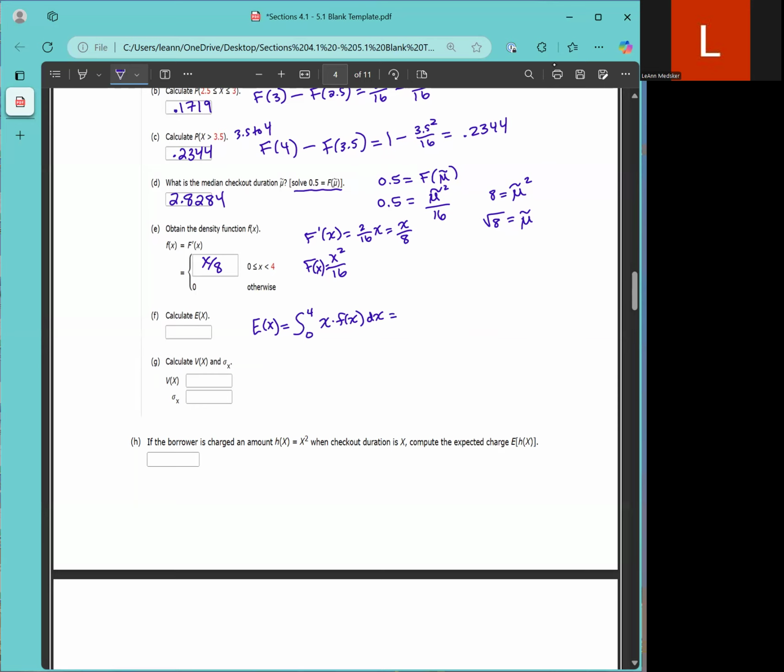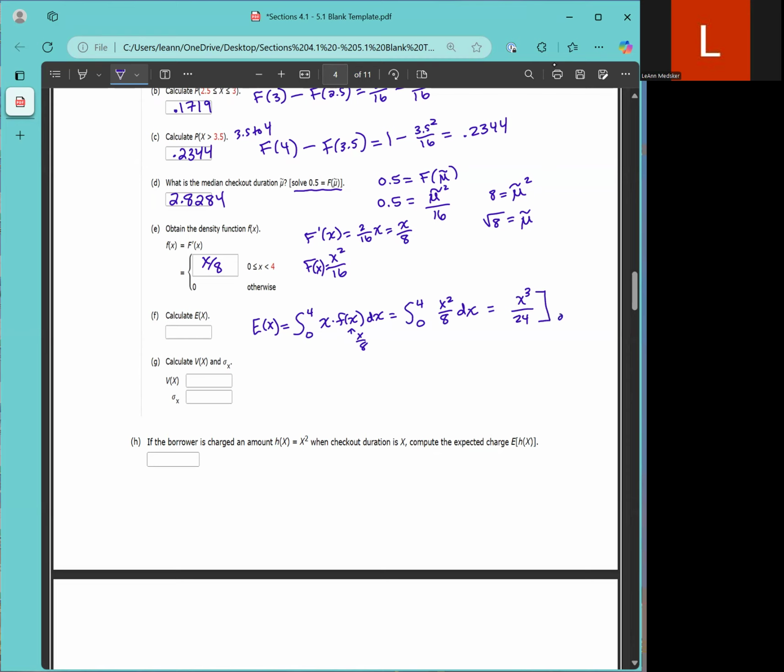So since my little f of x is x over 8, I would be doing the integral of x times x over 8, so this would be x squared over 8, dx. So we're going to take the antiderivative of that. That's going to be x cubed over 24.